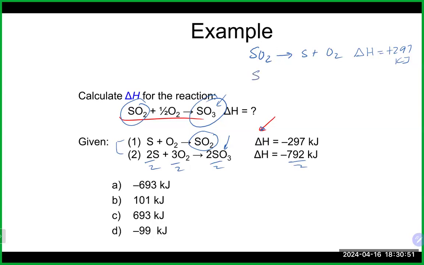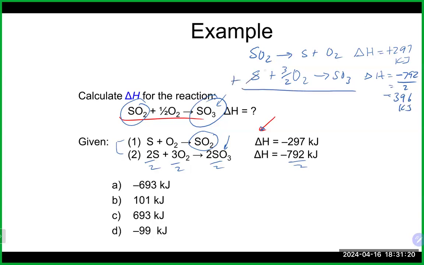That will get me an S and a 3/2 O2, and a SO3. My delta H here is still going to be negative 792, but I will need to divide it by 2 because that's what I did to the equation, and that will get me negative 396 kilojoules.